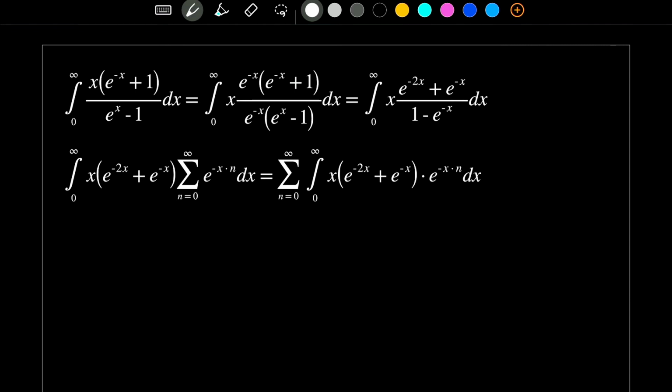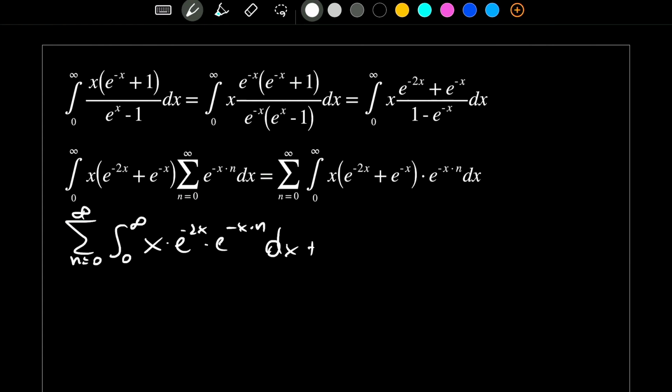What that's going to give us is the sum from n equals 0 to infinity of the integral from 0 to infinity of x times e to the power of minus 2x times e to the power of minus x times n dx plus the sum from n equals 0 up to infinity of the integral from 0 up to infinity of x times e to the power of minus x times e to the power of minus x times n dx.